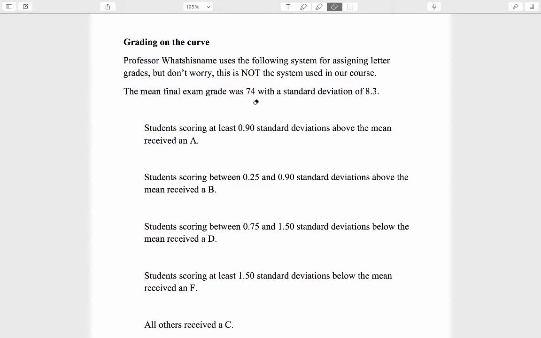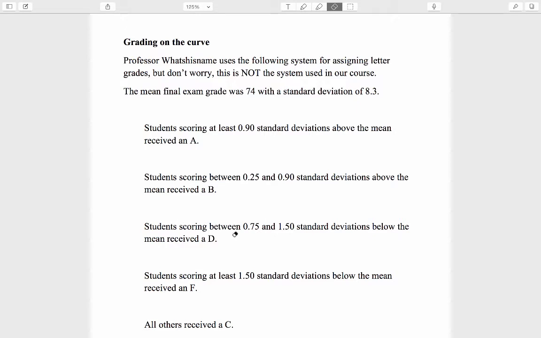The mean final exam grade was 74, with a standard deviation of 8.3. The idea behind grading on the curve in the traditional sense is that the letter grade cutoffs are set in advance and measured in standard deviations.